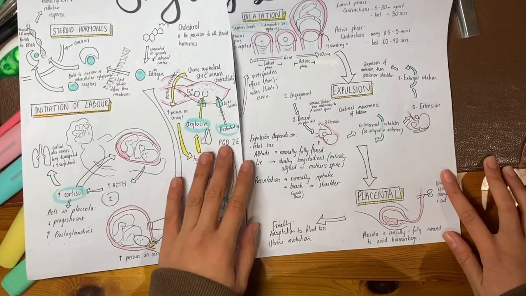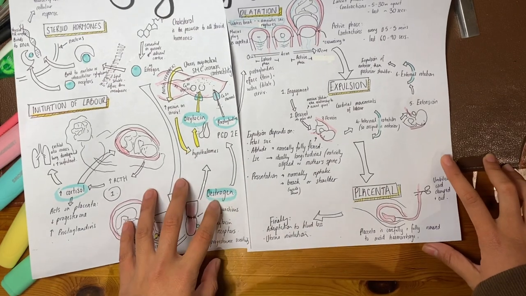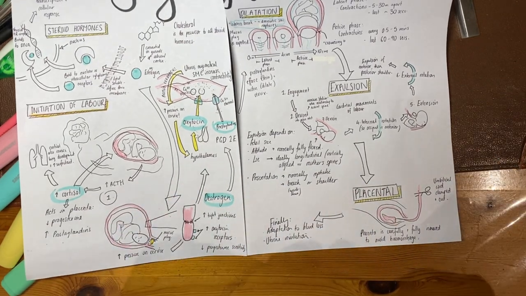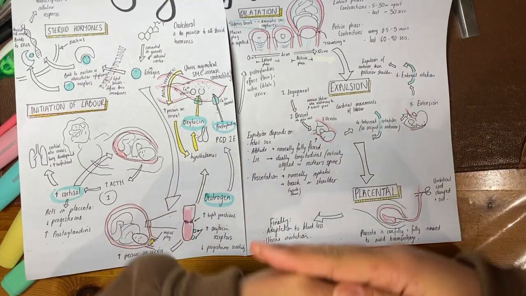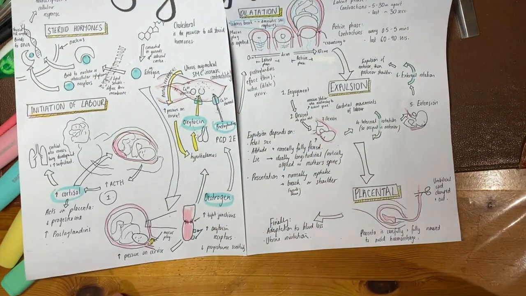Another thing that affects it is the fetal lie, which would ideally be longitudinal, aka vertically aligned with the mother's spine. However, the lie of the fetus can also be transverse or oblique. Transverse being horizontal, and oblique being anything on an angle.